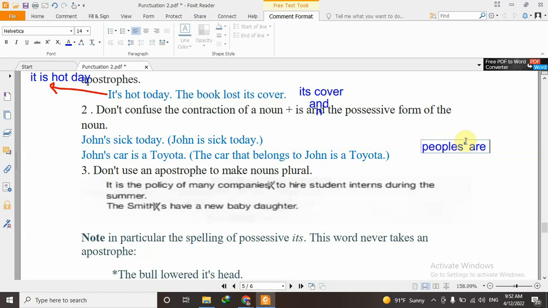Here it is wrong to have this apostrophe. Why? Because I am not talking about people as having something. No, I am saying people are. "Peoples are" is without an apostrophe. Of course the apostrophe is clearer in writing than in speaking. In speaking we depend just on the meaning of what we say.